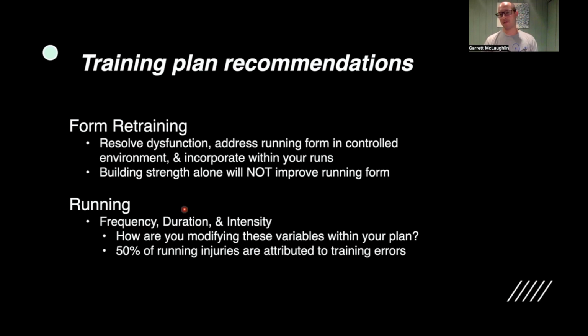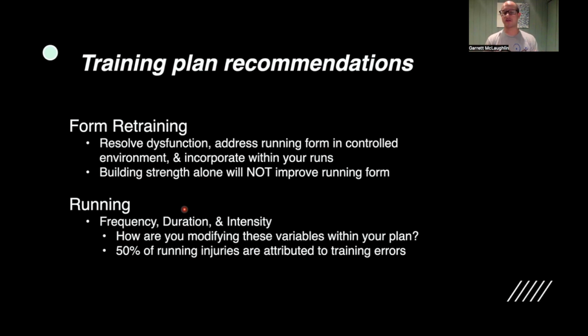Now, a couple of things that I want people to really understand: when we look at running, there are different variables we can manipulate in the running plan, and a lot of people are going about this wrong. Yes, a lot of injuries happen due to poor biomechanics, poor running form, muscle imbalances, those types of things I mentioned a second ago. However, your running plan is very important here.